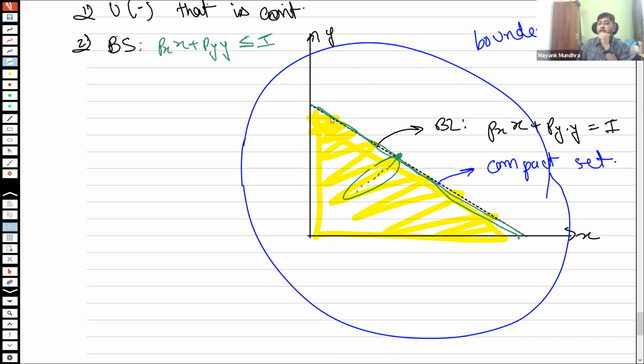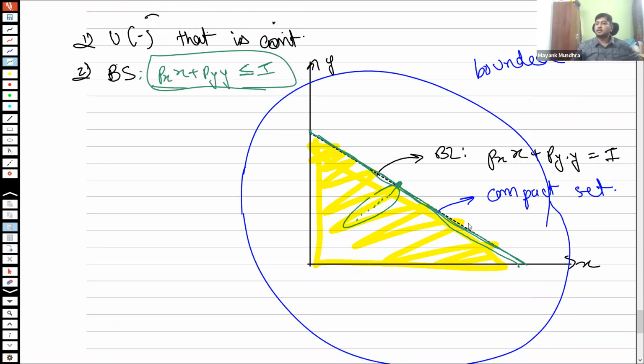These are important things because they can ask you in an interview, or in a theoretical question, what happens if you remove this equality? What if consumers are forced to consume strictly inside their budget line, so that they cannot consume their entire income? If you do that, the budget set is no longer closed, and for that reason the budget set is no longer compact. So since we have this equality here, this ensures that the budget set is compact.